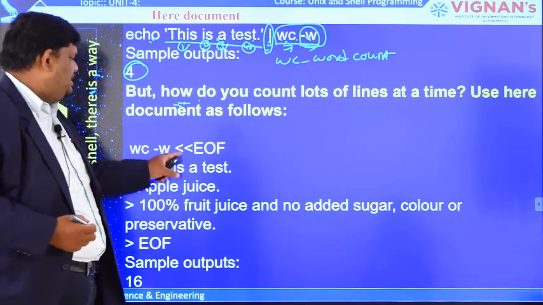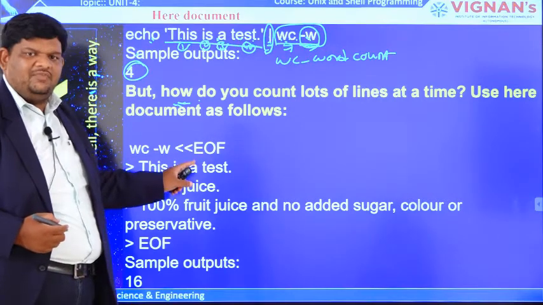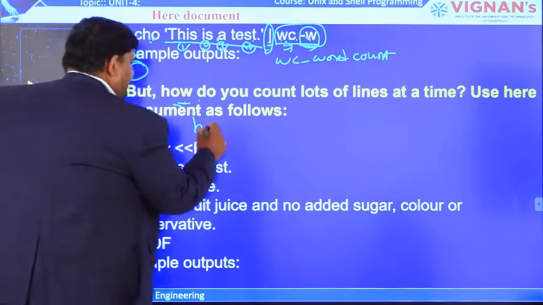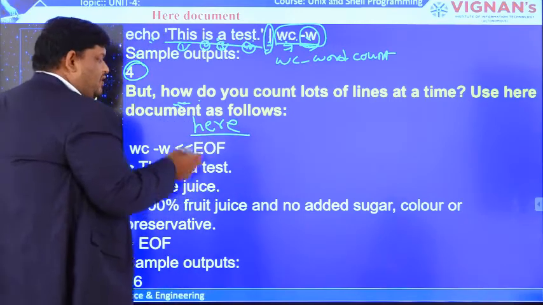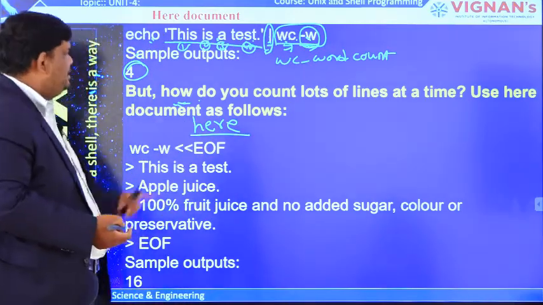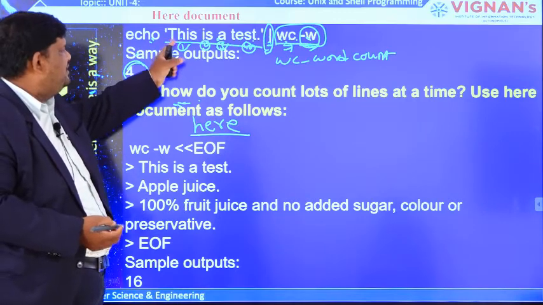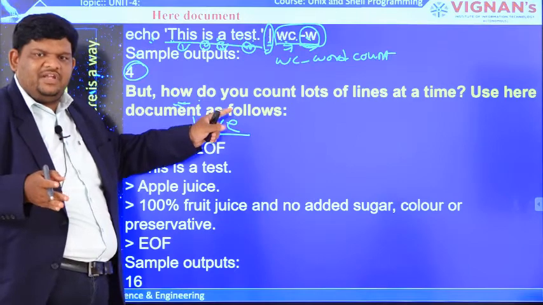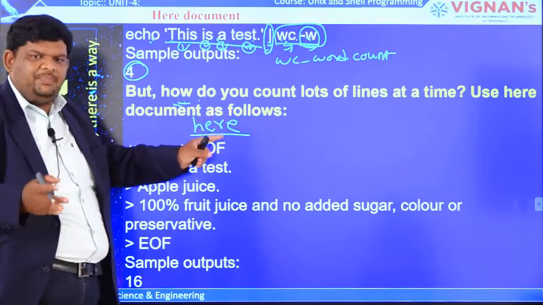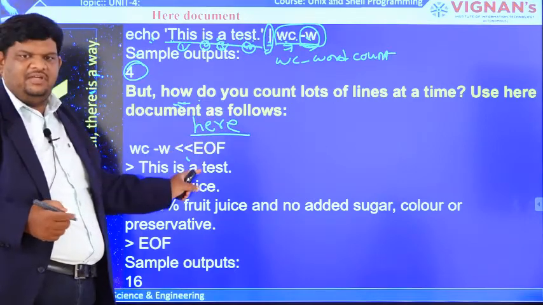Now we are demonstrating how a here document works. Why are we going for a here document? Because in the previous example only single-line data can be given. If you want to provide multiple lines of input, it is possible only with a here document.